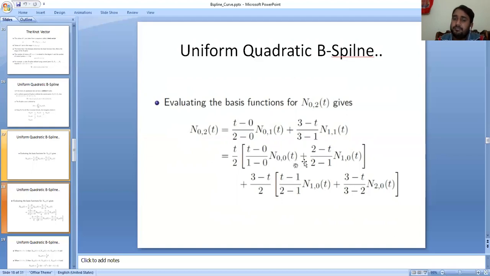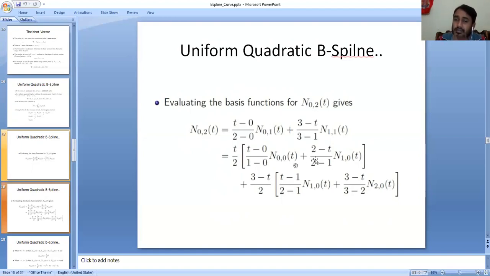Bracket (t) plus (ti+j+1). What is i? i is 0. What is j? j is 1, and plus 1, that is t2. So t2 is 2 minus t upon N(i+j+1), that is 0 plus 1 plus 1.